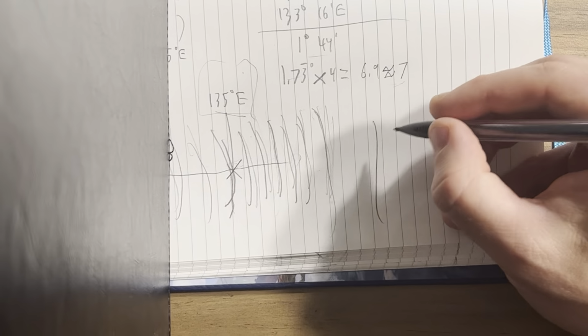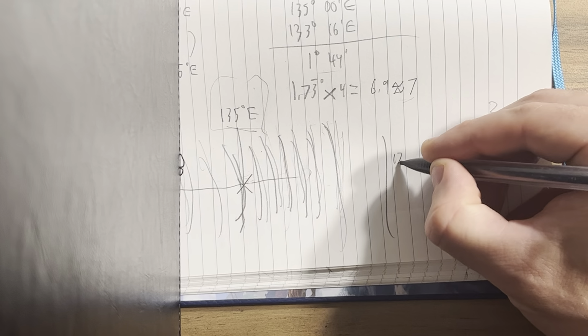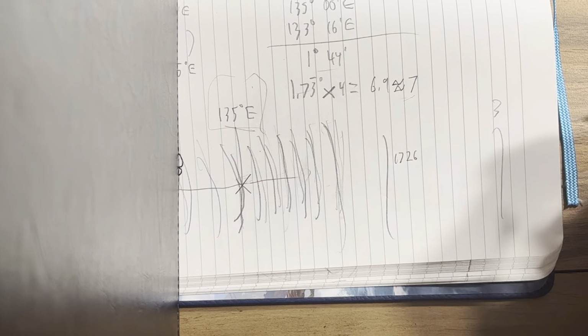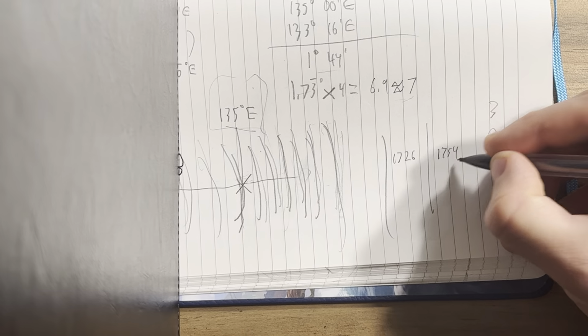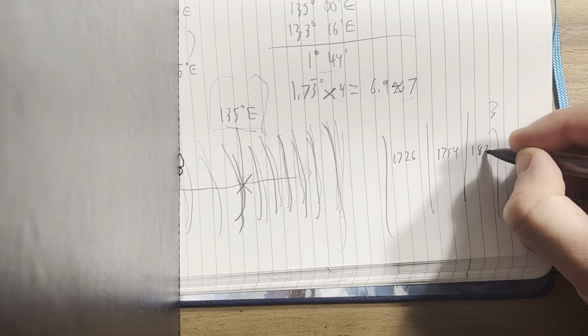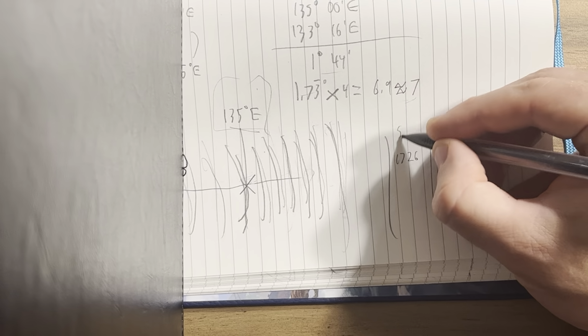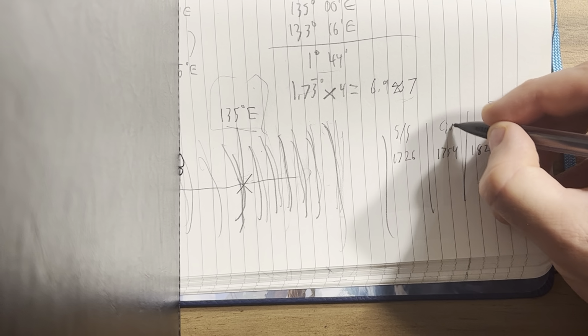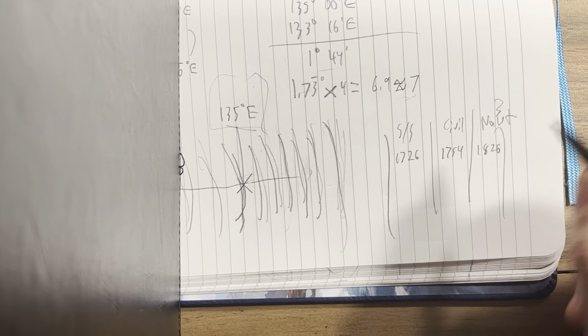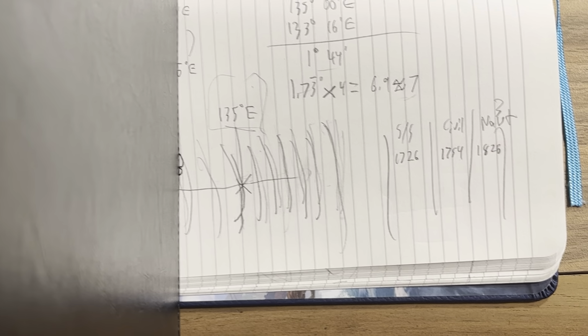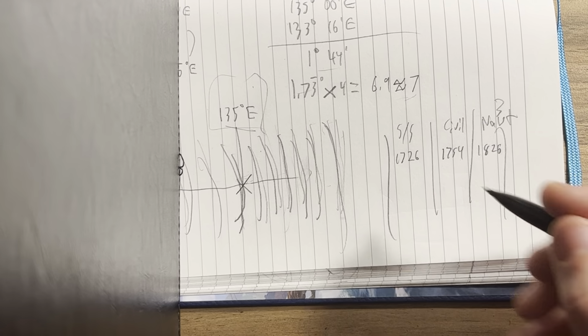So now we're going to set up, we're going to carry over our time. So we had 1726, 1754, and 1826 for sunset, civil, and nautical. And we just add 7 minutes to each of these because it happens 7 minutes later for us.